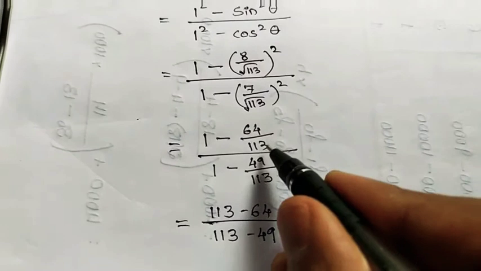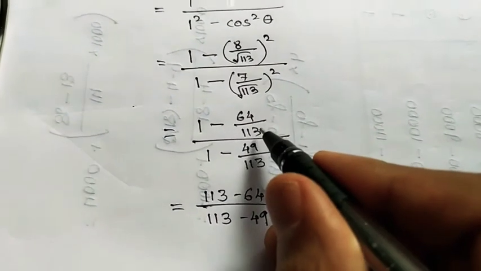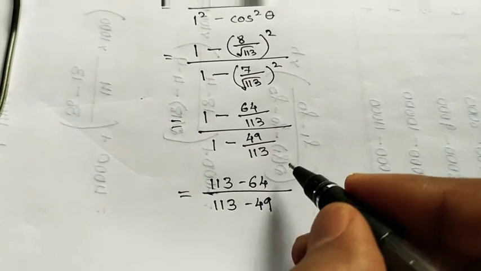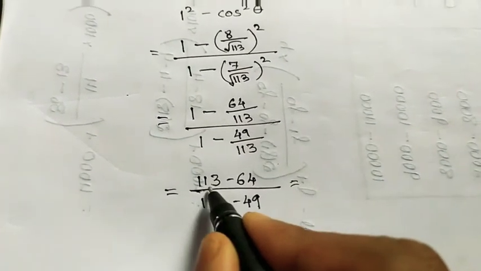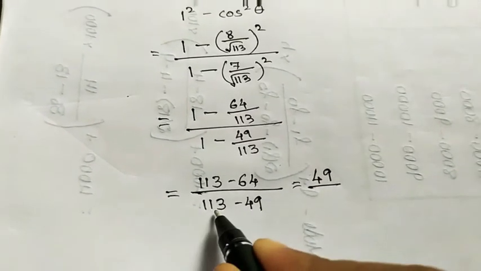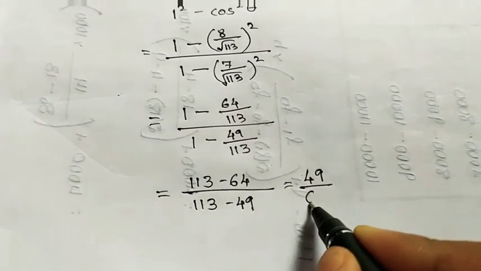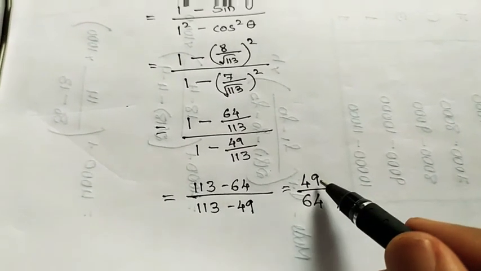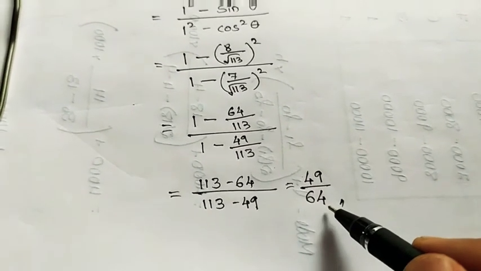Here the denominators will get cancelled. What is left? 113 minus 64 will give 49, and 113 minus 49 will give 64. So this is our final answer, that is 49 by 64.